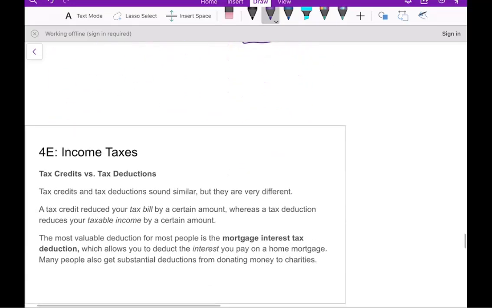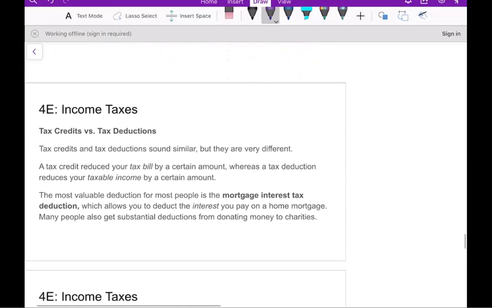Okay. Now, the next thing that we're going to talk about is the distinction between tax credits and tax deductions. Now, they sound similar, but they're actually very different. Now, a tax credit will reduce your tax bill by a certain amount.